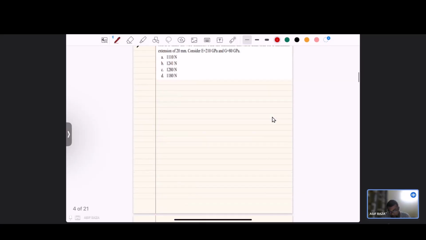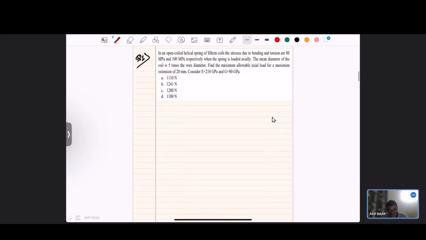Moving to further questions. Question is, in an open coiled helical spring of 15 coils, the stresses due to bending and torsion are 80 megapascal and 100 megapascal respectively when the spring is loaded axially.